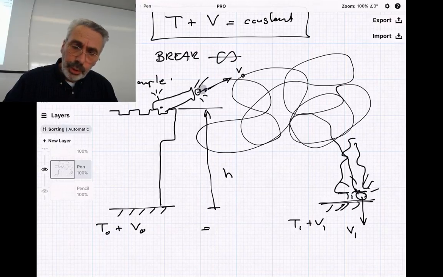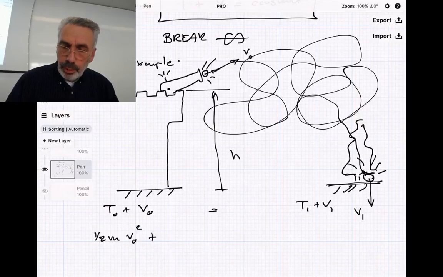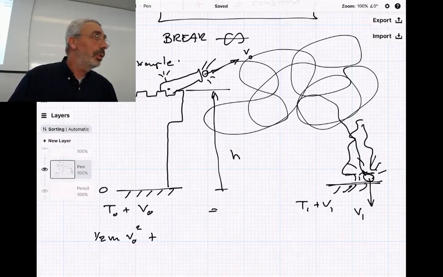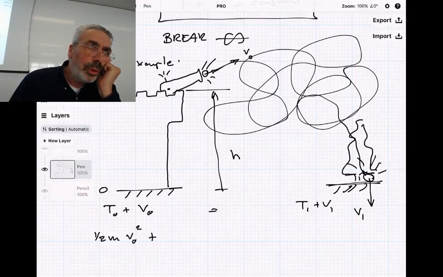Then if we start in this configuration, then we can say, well, kinetic energy is apparently 1/2 m v0 squared plus the potential energy, if we take this as a zero potential, that's also all relative. And then, is it minus mgh or plus mgh?